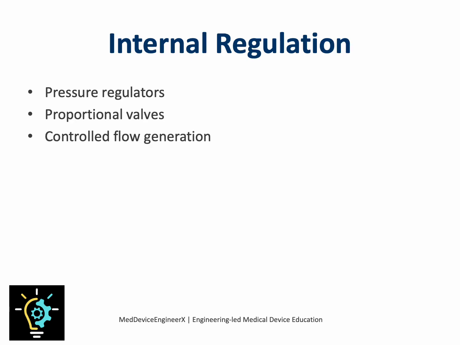Once gases enter the PB980, they pass through internal regulators and proportional valves. These components reduce and stabilize incoming pressure to levels suitable for precise control. Proportional valves are electronically controlled to adjust gas flow in real time. This allows the ventilator to deliver the exact volumes and pressures required by the selected ventilation mode.